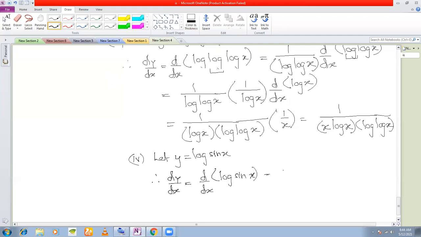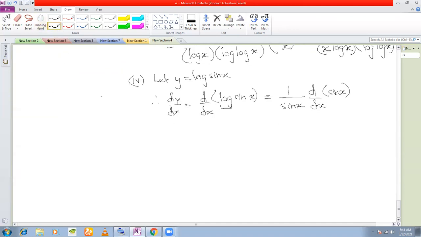You differentiate the log first, to get 1 by sin x. And then you differentiate what is within the log, and what is within the log? Only sin x. So now we shall write the result here. d dx sin x is cos x, and in the denominator you have sin x. You simply get cot x. Important result. If you remember this sum, it will be beneficial for you in the times to come.